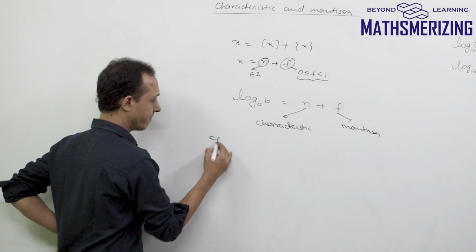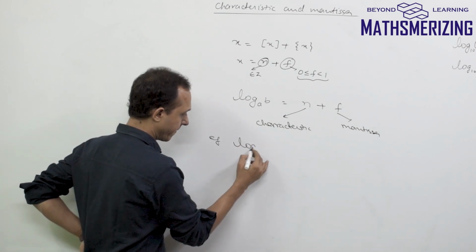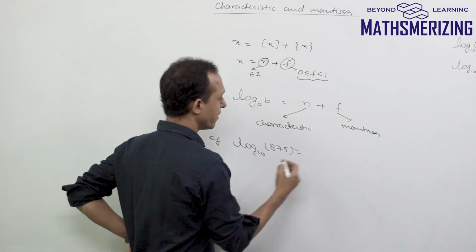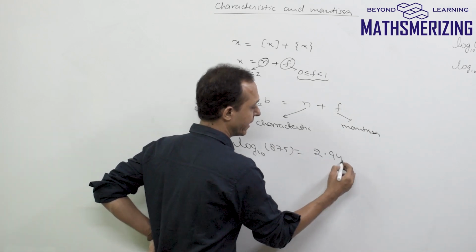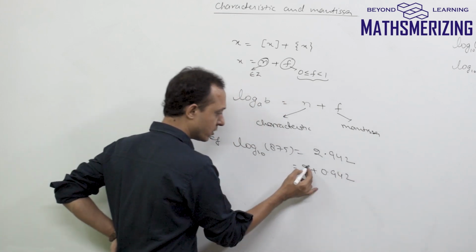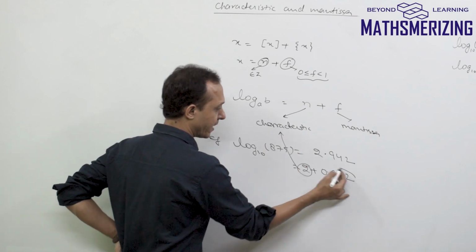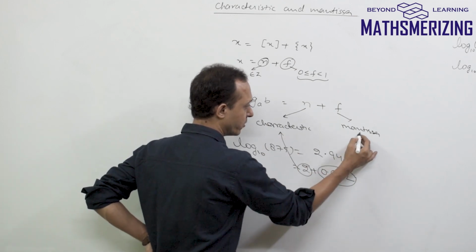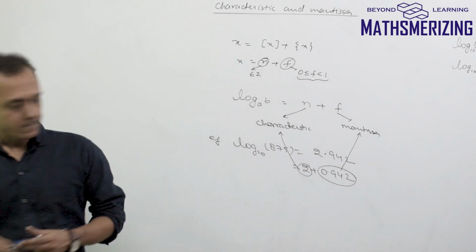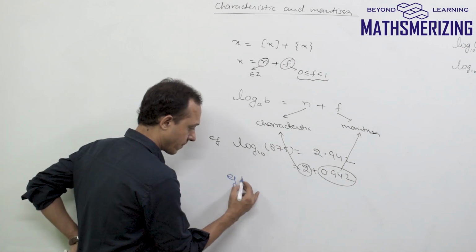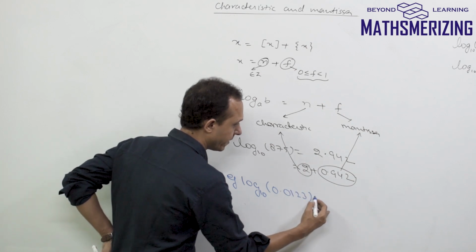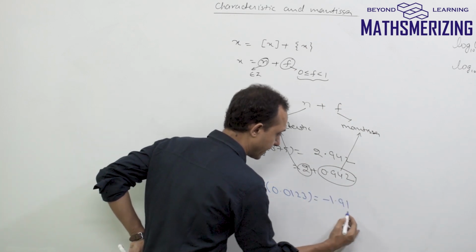Now say for example, suppose I have log 875. If you'll find this value, you'll get this value as 2.942. So I can write it as 2 plus 0.942. So this 2 is your characteristic and 0.942 is its Mantissa. Now say for example, if I'll take log 0.123, you'll get this value as minus 1.91.